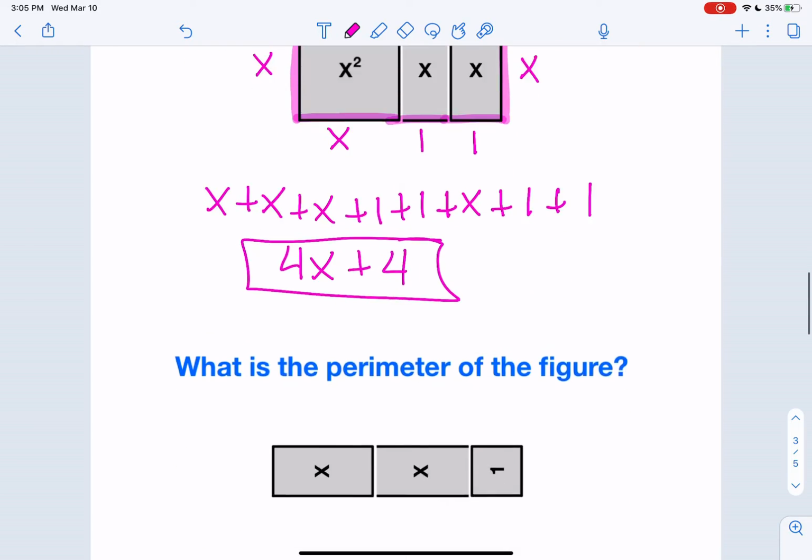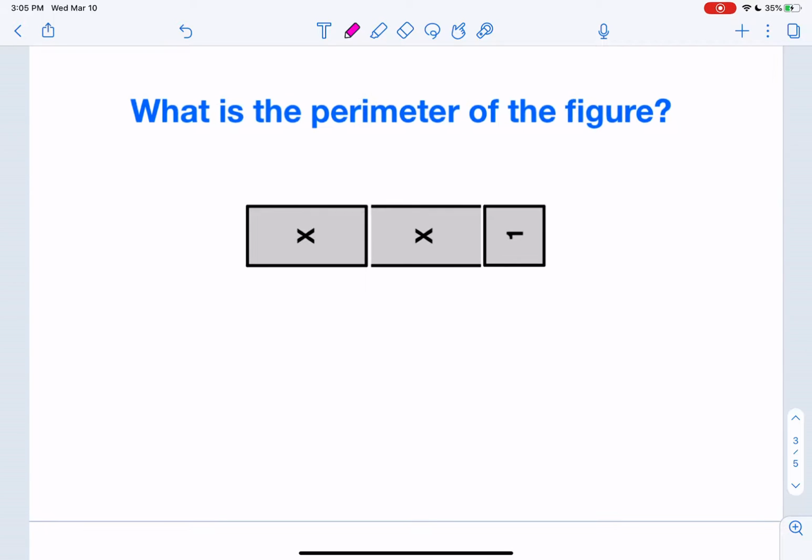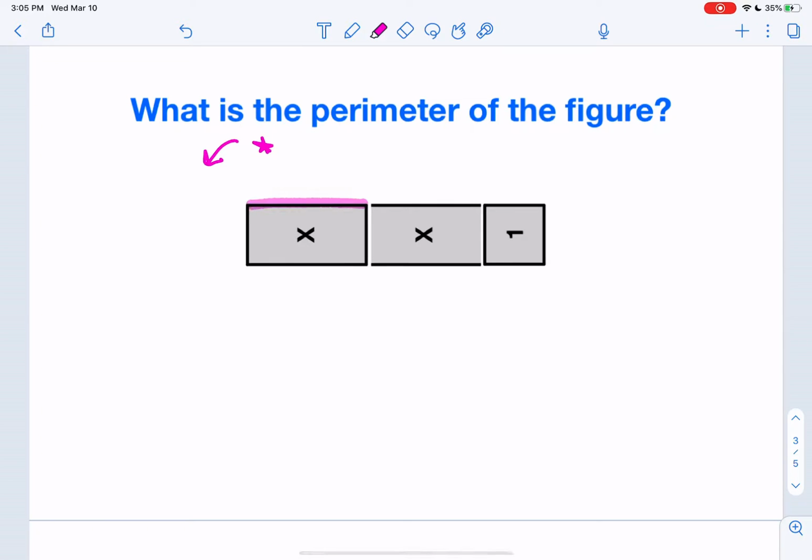All right, let's take a look at another example. What is the perimeter of this figure? Now we have 2 x tiles put together with a 1 tile at the very end. So once again, I'm going to go around. I'm going to start here, and I'm going to go counterclockwise. This side is equal to x.